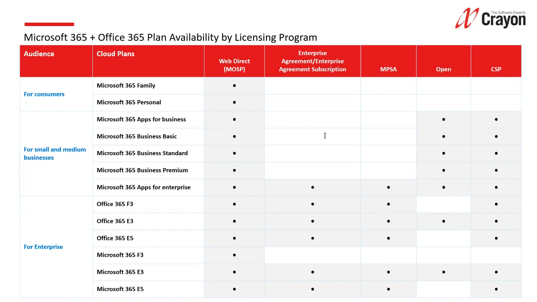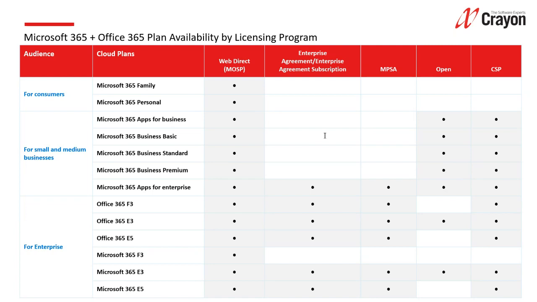And last but not least, the Cloud Solution Provider program, or CSP, which is the Microsoft star of the licensing models right now. The CSP program is dedicated to cloud services, except for a very few licenses that can be bought and used on-prem.